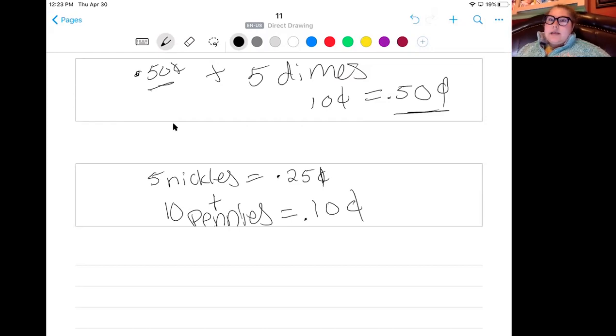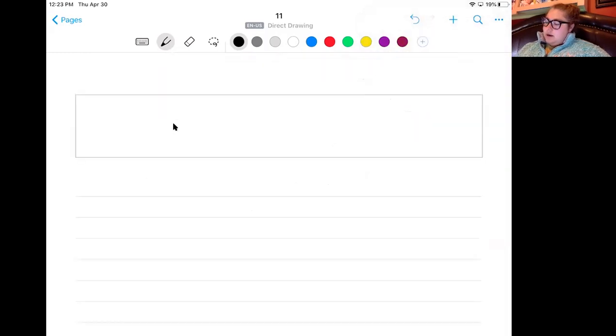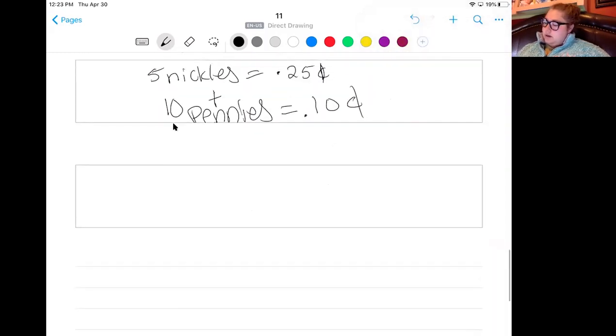Okay, now let's add 3 quarters. I'm going to add another box. All right, and we're going to add, so plus 3 quarters. What are 3 quarters? What is a quarter worth? 25 cents. That is correct.